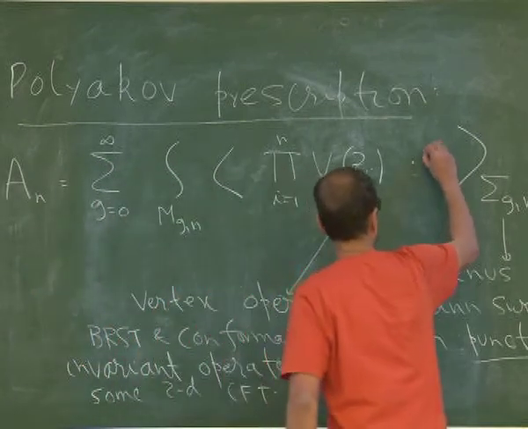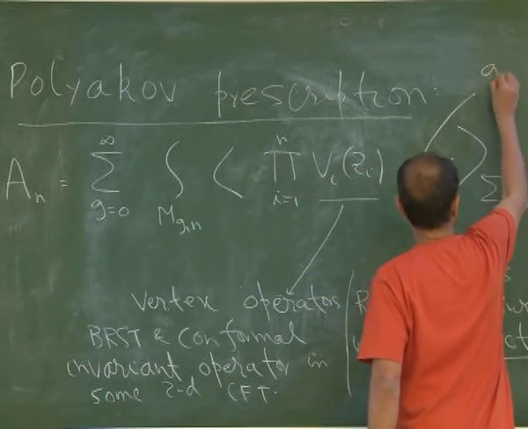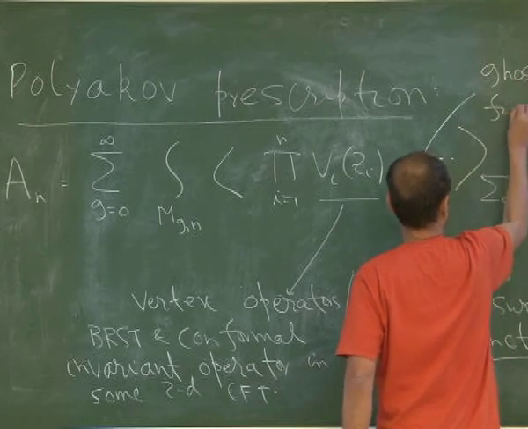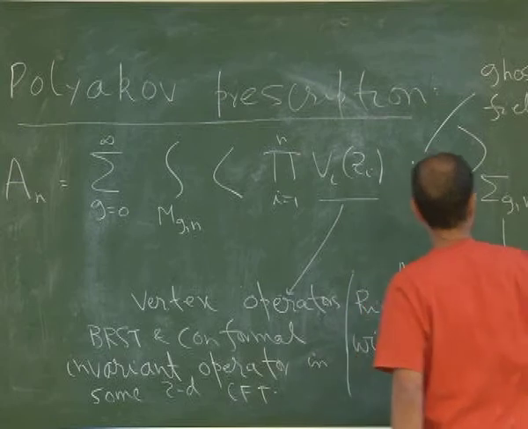These dots are some insertions involving the ghost fields, which come in quantizing string theory.